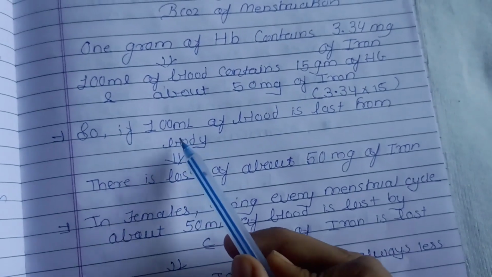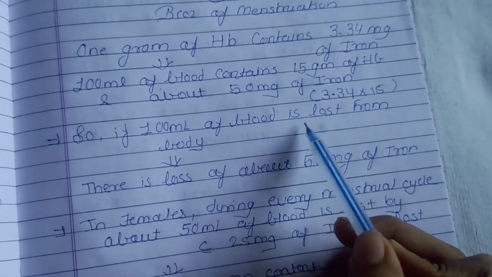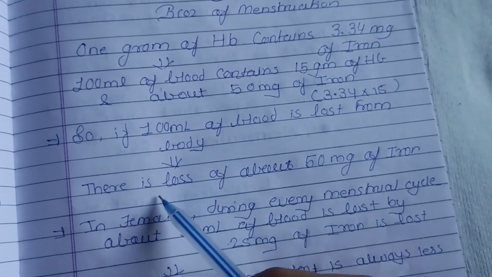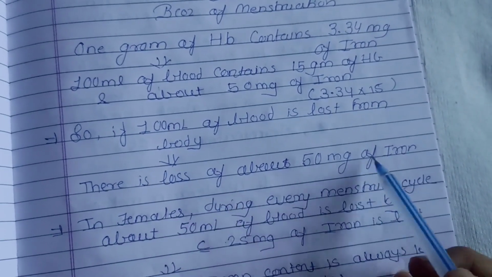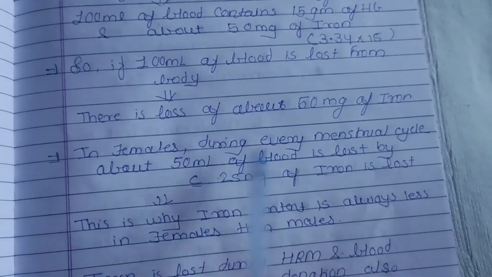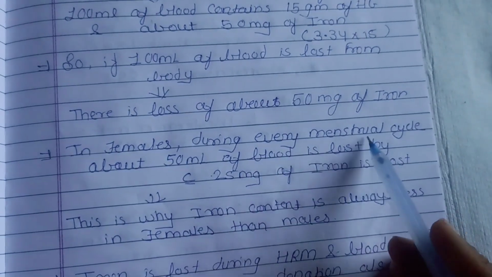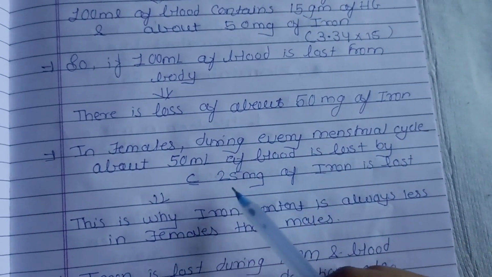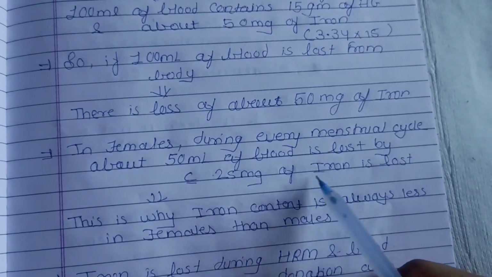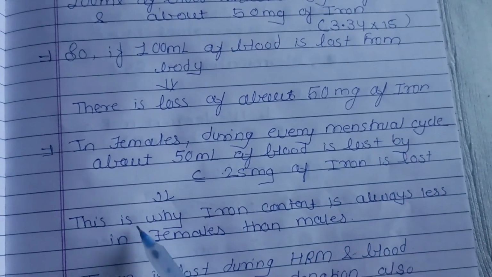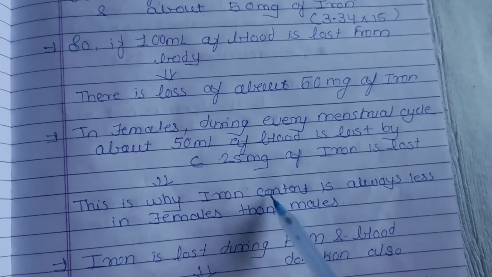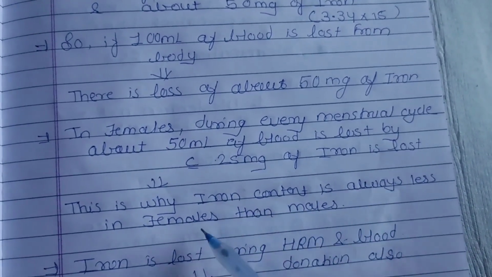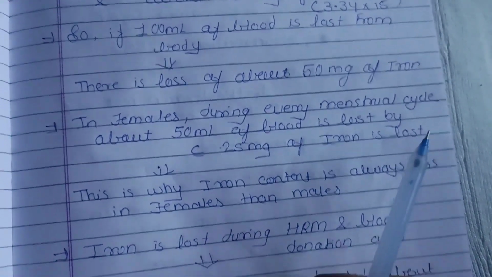So if 100 ml of blood is lost from the body, there is a loss of about 50 mg of iron. Clear? In females, during every menstrual cycle, about 50 ml of blood is lost, by which 25 mg of iron is lost. Clear? This is why iron content is always less in females than males.